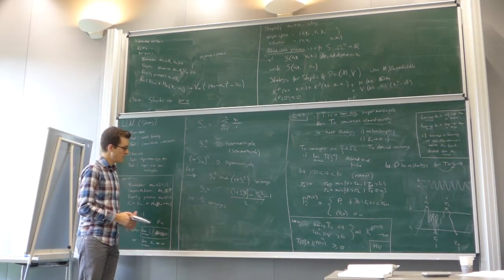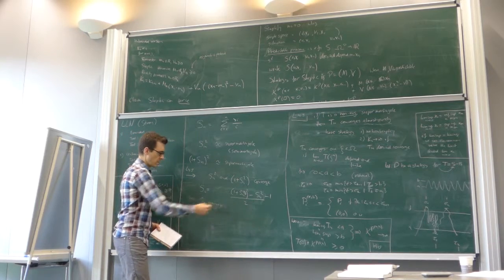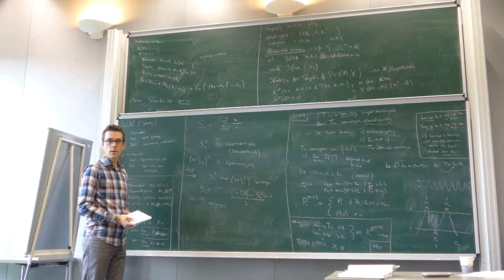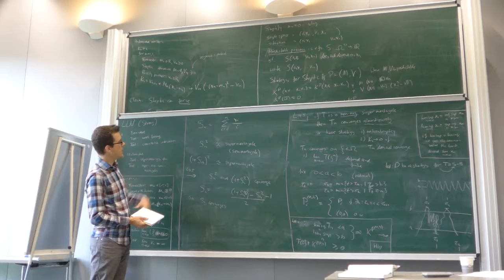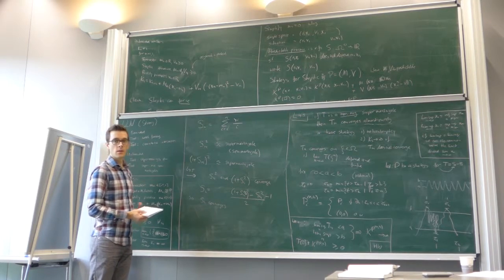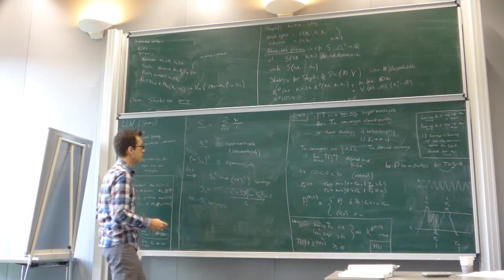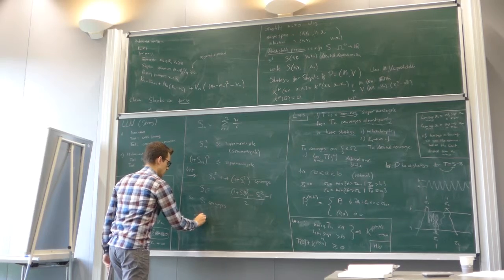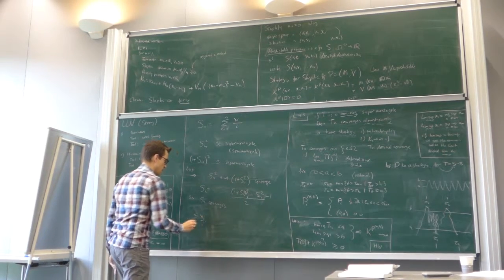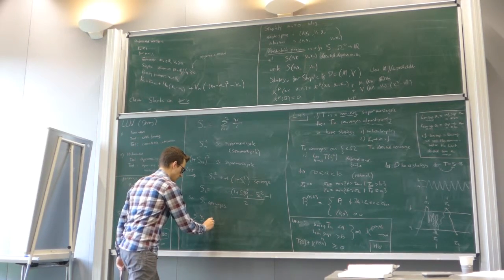So now we have that Sn converges. Sn was this. So that means that the sum over xi over i goes to some number.